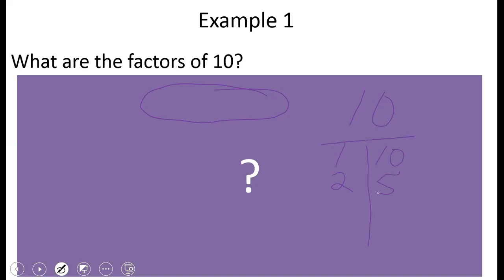Is there anything else that'll go into 10? There's not. Another way we do that is we go 1 and we go 10 like this. And we go number 2, and 2 will go into 10. That equals 10. Is there any other number that'll go into 10? There's not. So there's our factors of 10 right there. And we'll talk more about that in this actual lesson too.